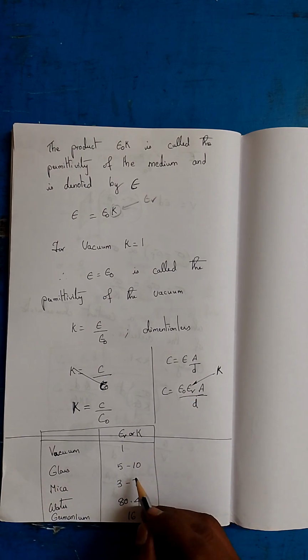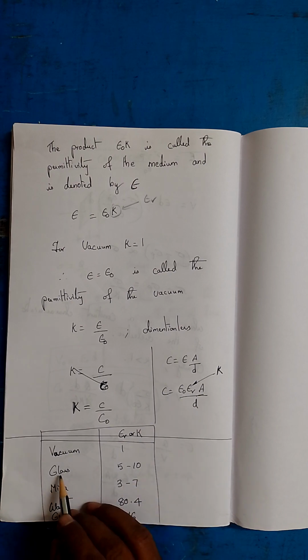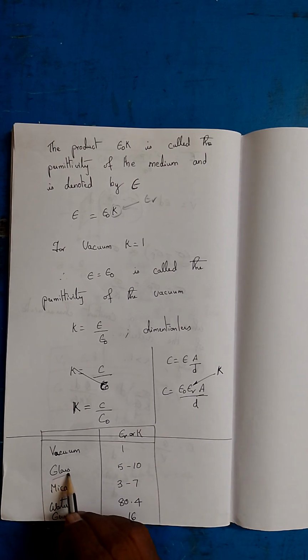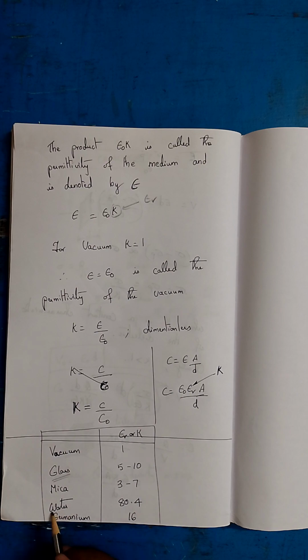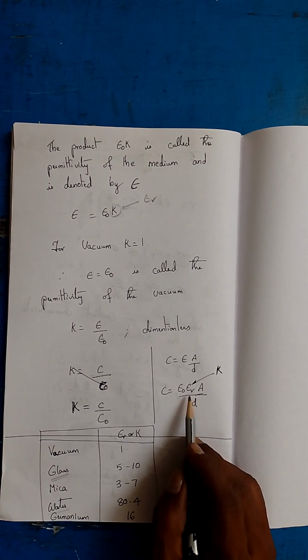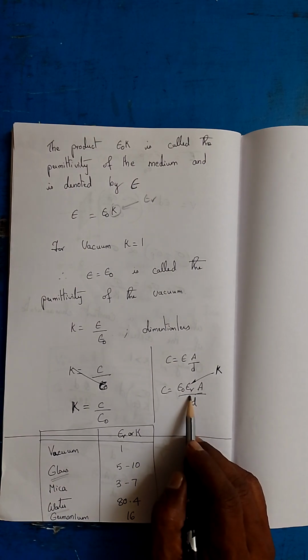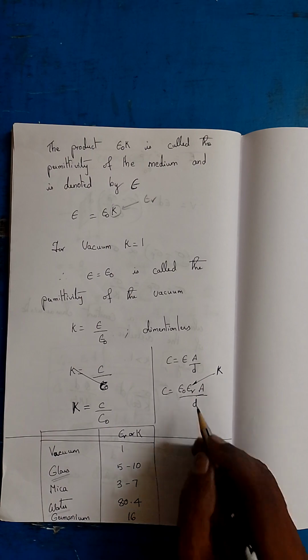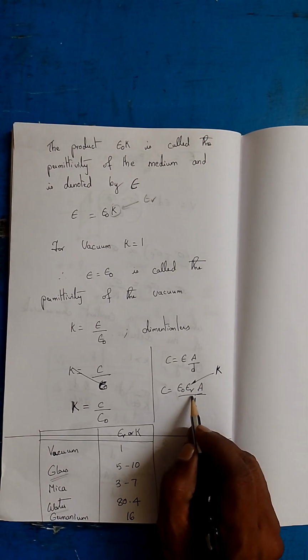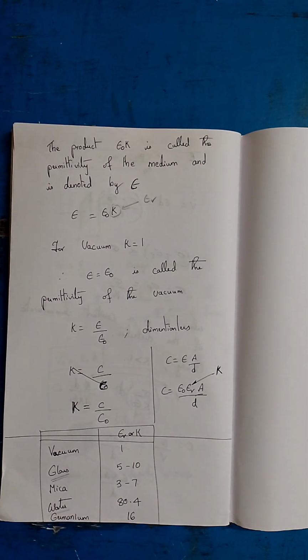Suppose you want to increase it 10 times, what you can do is consider glass. If the dielectric is going to be water, then here you can substitute 80.4. If it is going to be germanium, it is 16, that is, 16 is multiplied with epsilon naught.